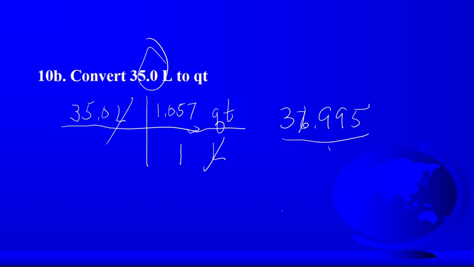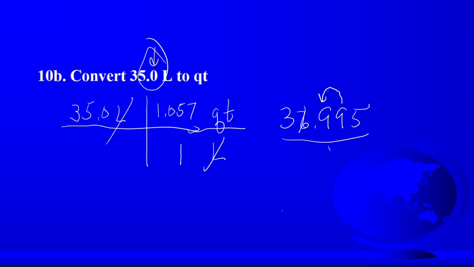Your original measurement was to the, sir, what is that? What place is that? Tenths. Okay, so we need to get 36.995 to the tenths place. And here's our problem.